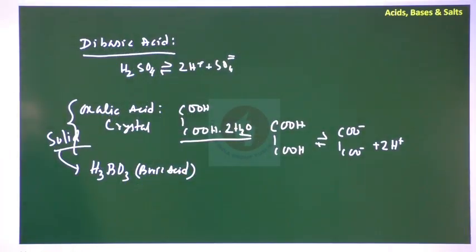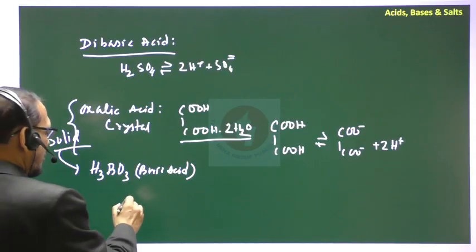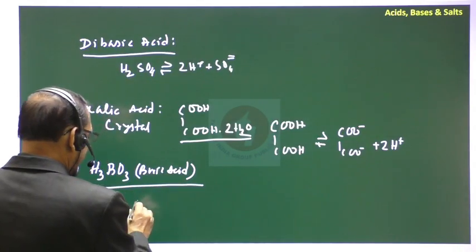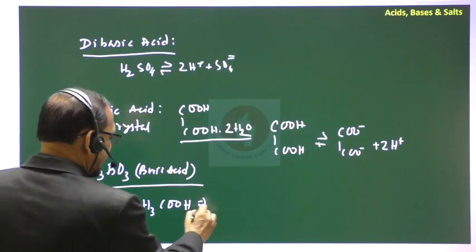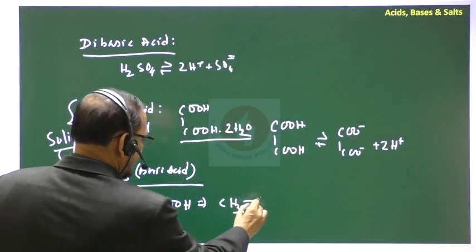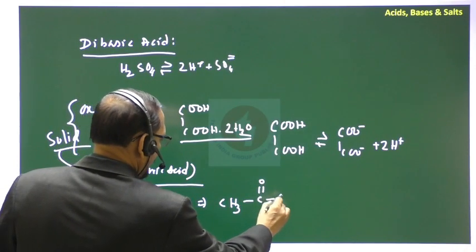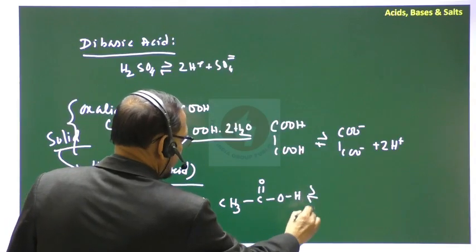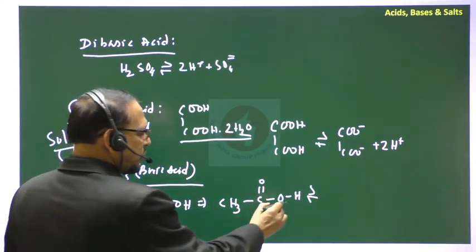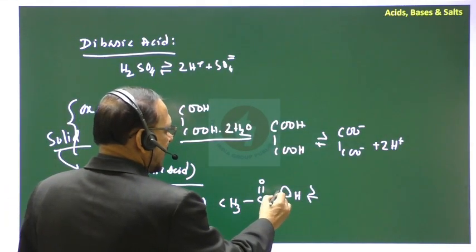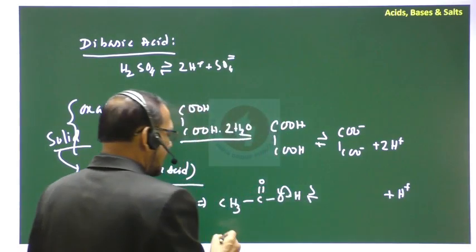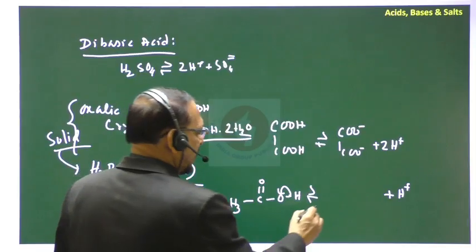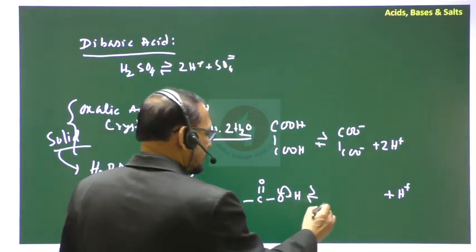Similarly, there are monobasic acids. One monobasic acid is acetic acid, CH3COOH, the more correct structure is CH3COOH. We will learn this later in organic chemistry. Now this OH bond is polar and it will give the H plus. The carbon hydrogen bond is not polar, it will not give the H plus.